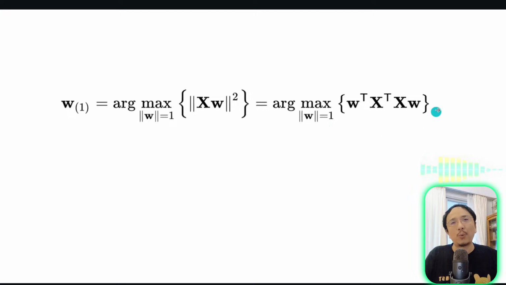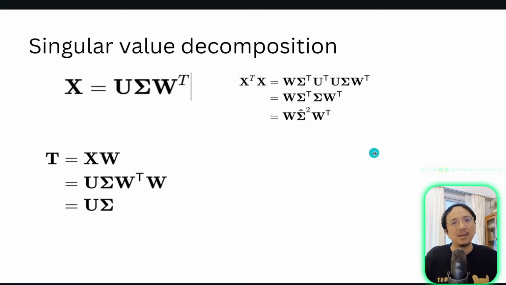So in fact, if we were writing it down, it will look like this. And we can use the singular value decomposition to find out the W. So the algorithm is exactly the SVD, singular value decomposition. On a matrix, we can do the singular value decomposition uniquely, and we can find a W right here.